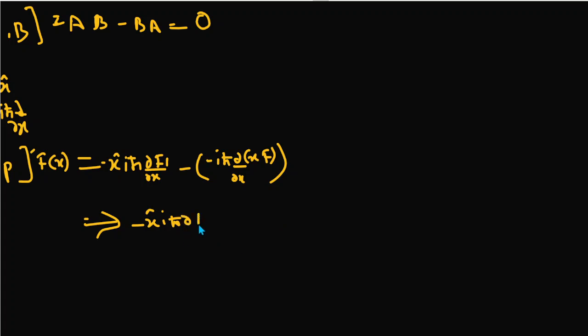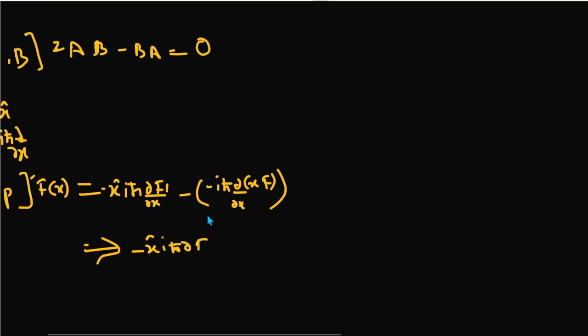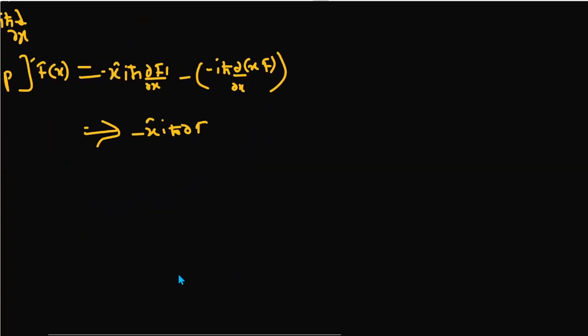del f divided by del x. Negative of, if you have to apply this, then the differentiation rule says this minus iota h cut.